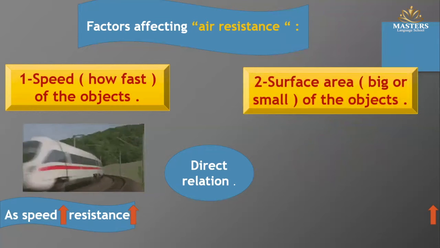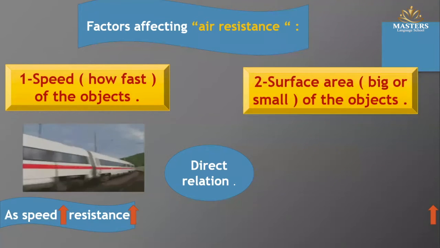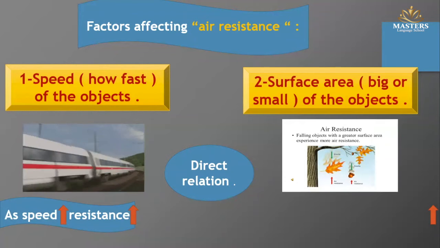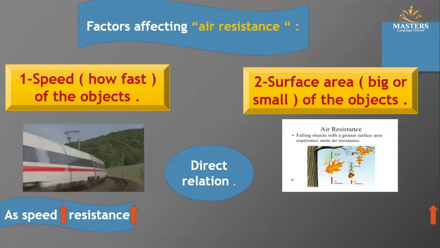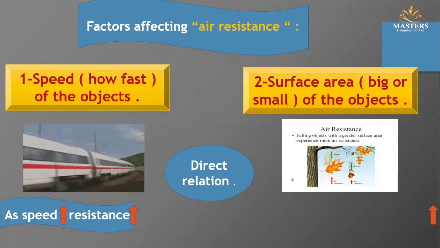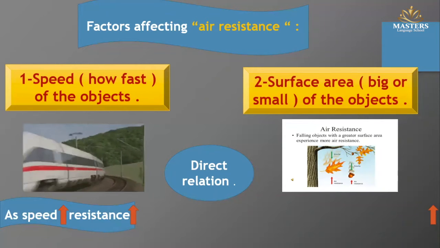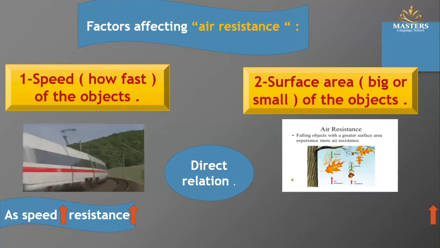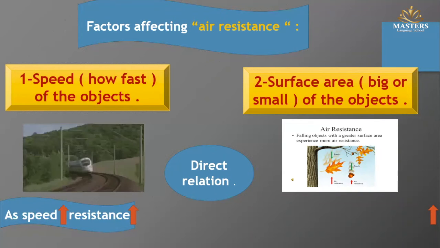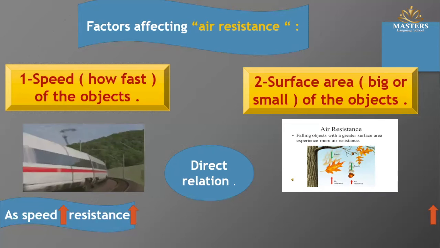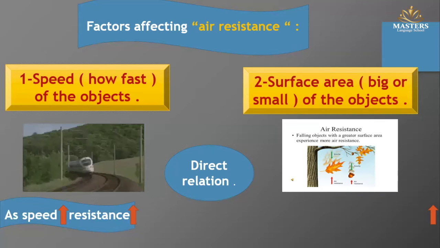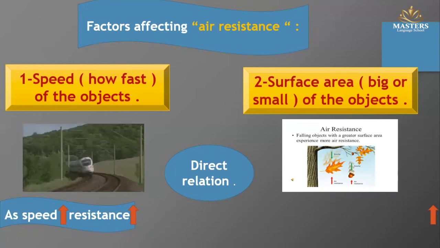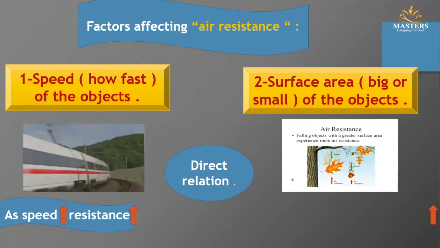Okay, the second factor is the surface area of the object. How big or small is the area of the object? Okay, let me ask you a question. Which will reach the floor first, the large leaf or the small coconut or peanut? The large leaf has a large surface area, so the air resistance here will also be large.